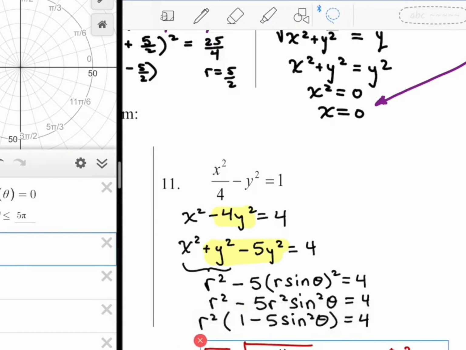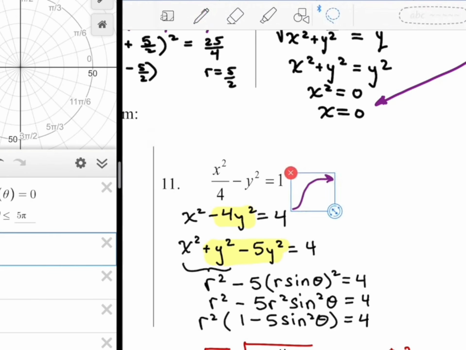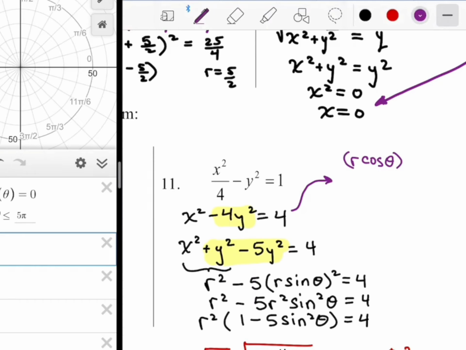All right. The other way, or I'm sorry, solution, because in theory both solutions should lead to the same, if not similar, answers. So the other way would be to go off of this and immediately replace your x squared with (r cosine theta) squared minus (r sine theta) squared over 4 equals 1, or rather r cosine theta squared minus 4 times r sine theta squared is equal to 4, and then square it out from there.